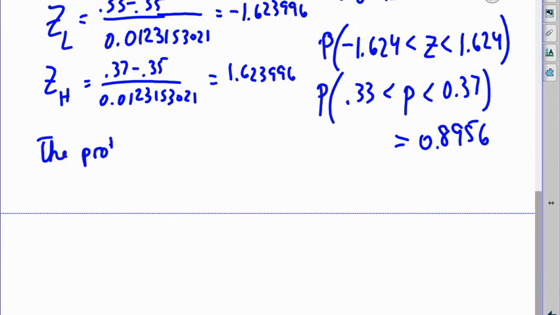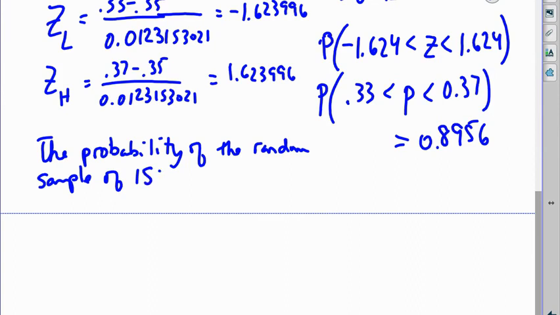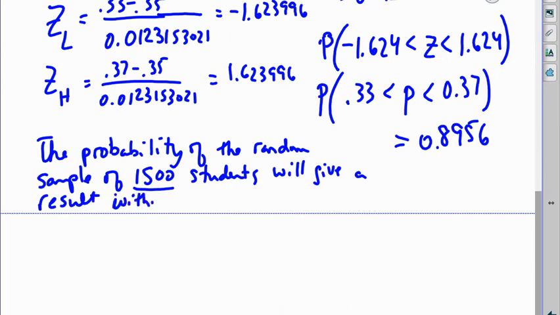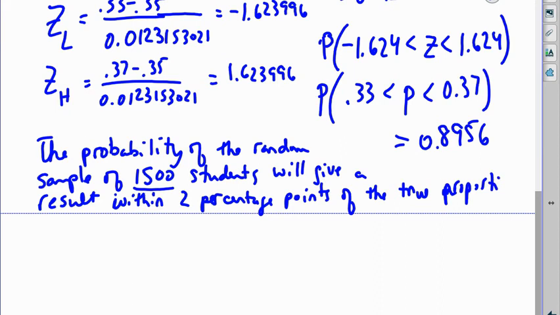The probability of a random sample of 1,500 students, it's always a good idea to give your sample size, will give a result within 2 percentage points of the true mean, or true proportion, is 0.896. Done.